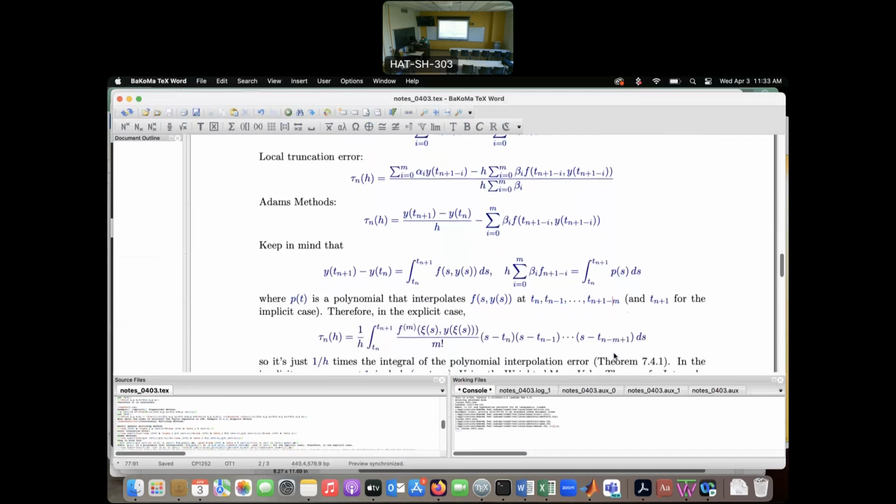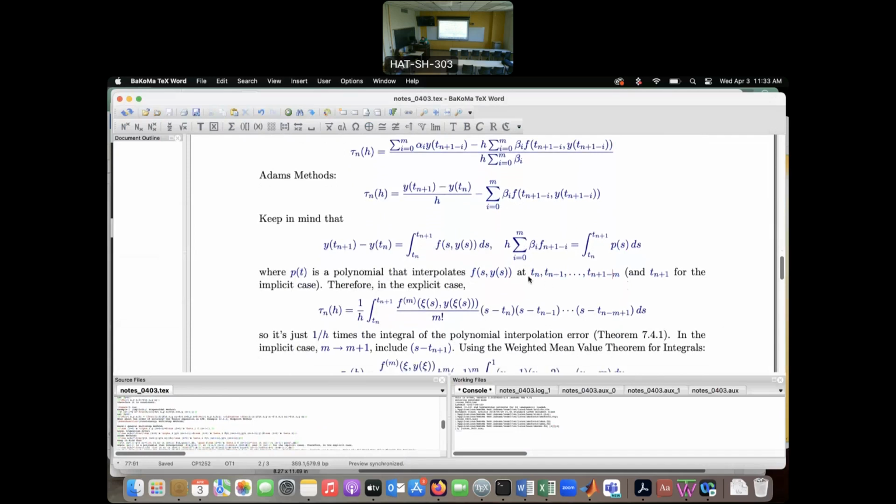So what happens for the explicit case is you have 1 over h times the integral, times the quadrature error. So it's the integral of the error that you get from polynomial interpolation. Because what an Adams method does, and you saw this when, for example, I derived the Adams-Bashforth method last class, the beta i's are quadrature weights for interpolatory quadrature.